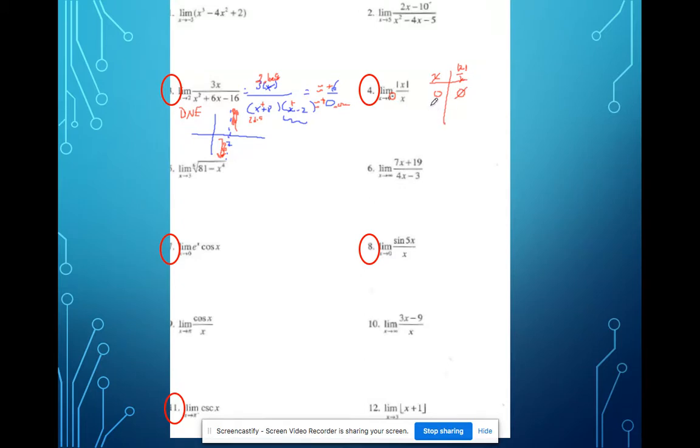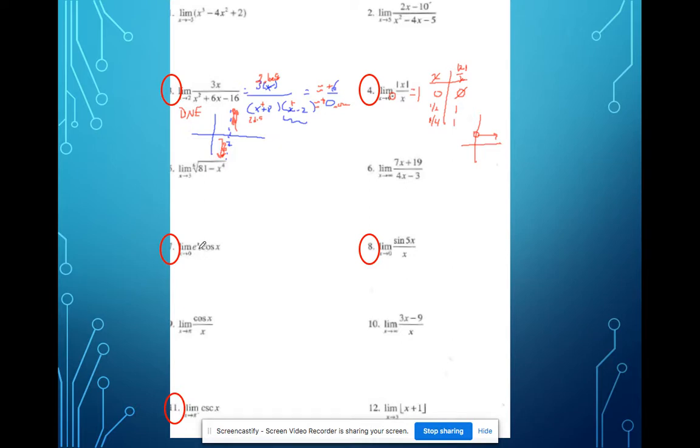But when I put in a number like a half, I get positive 1. Like a fourth, the absolute value of 1/4 over 1/4 is 1, right? So the graph, as x approaches 0 from the right, this limit is 1.